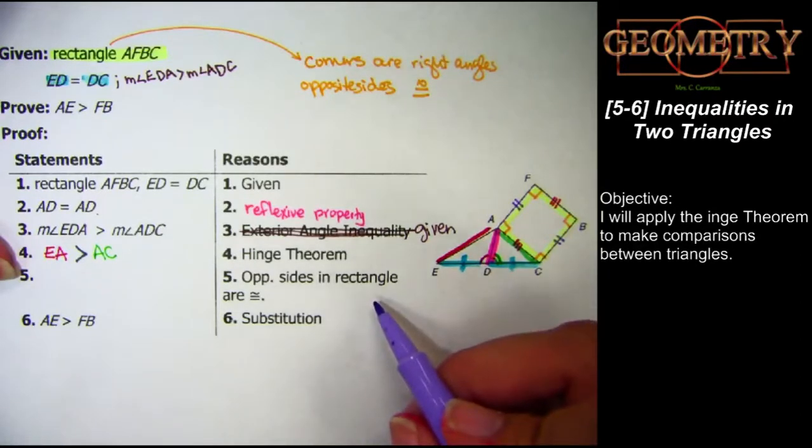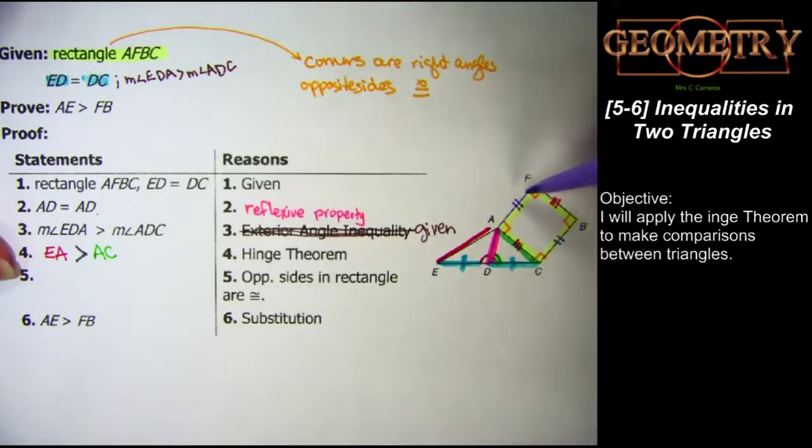Opposite sides of the rectangle are congruent. So I could write these pair of sides or these pair of sides. Which one is the most helpful to write? Probably the one containing the AC, because I want to get to use that. I want to use the FB also.